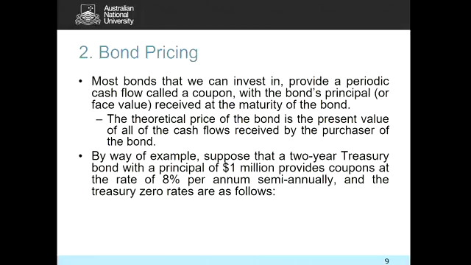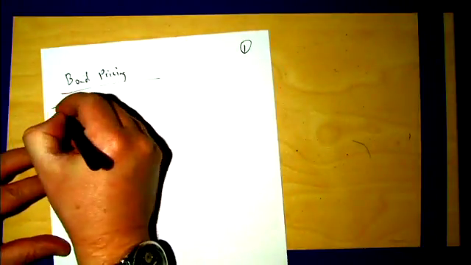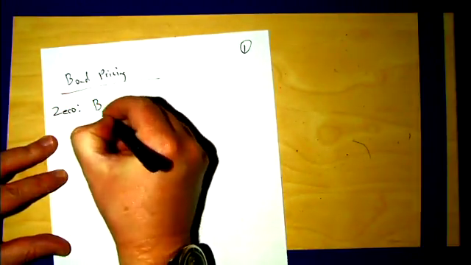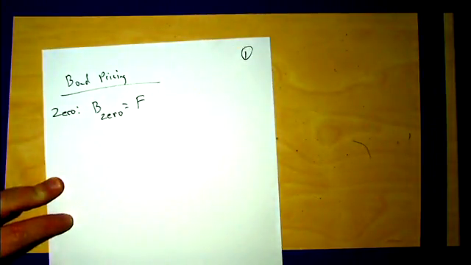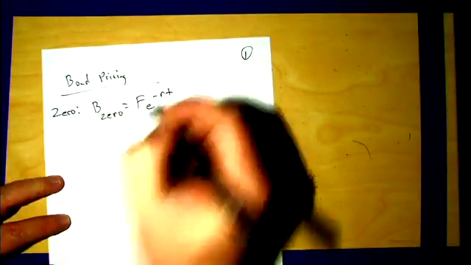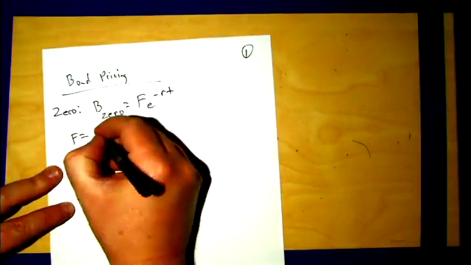So if we have a quick look, okay, bond pricing. With our zero coupon bonds, to work out the value of a zero coupon bond, you just take the face value of the bond and then multiply it by e to the power of negative RT, where F equals my face value of the bond.